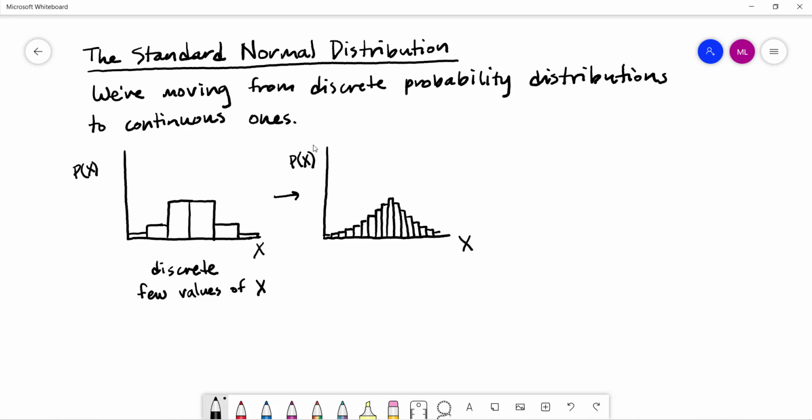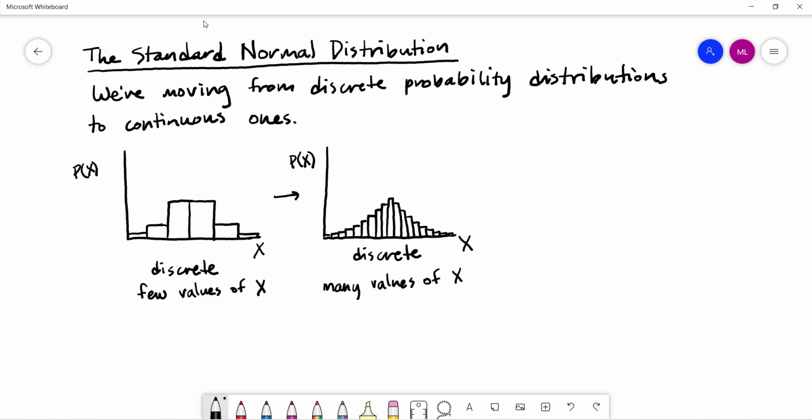Allow me to just finish drawing all of these. Again, this is still discrete, but we have many possible values of our random variable x.